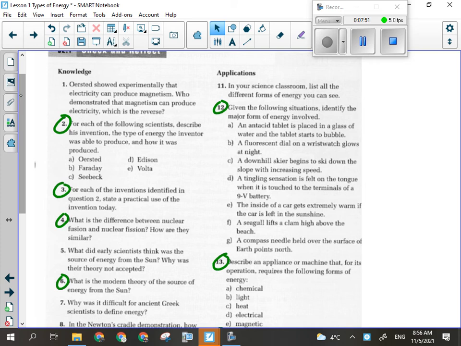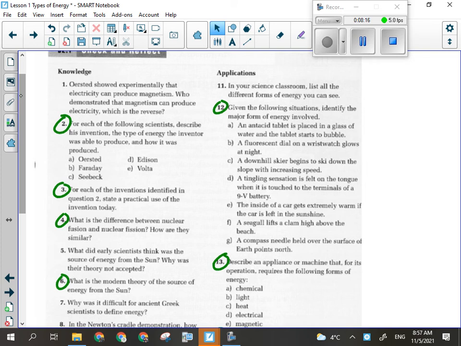I would say if this was a multiple choice question, the most correct answer would be mechanical energy, because it includes both potential and kinetic. Okay, that's why every multiple choice test always says choose the best answer, never the correct answer. There can be more than one correct answer, but there is never more than one best answer.